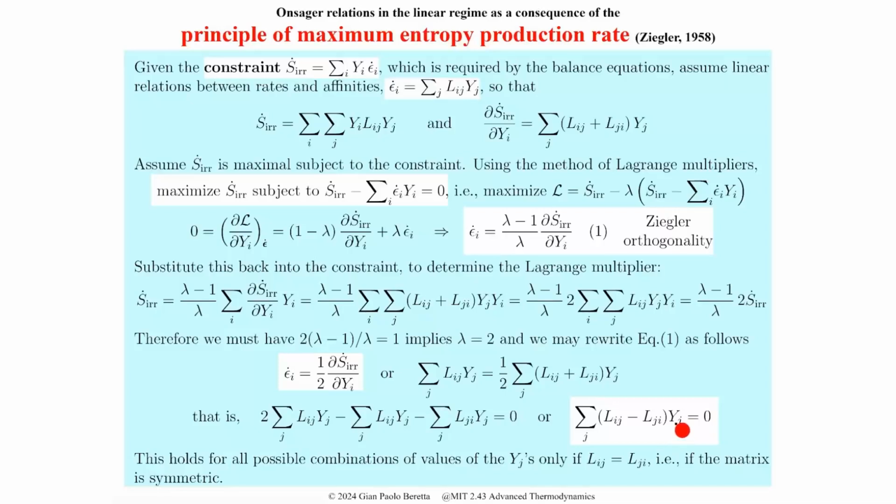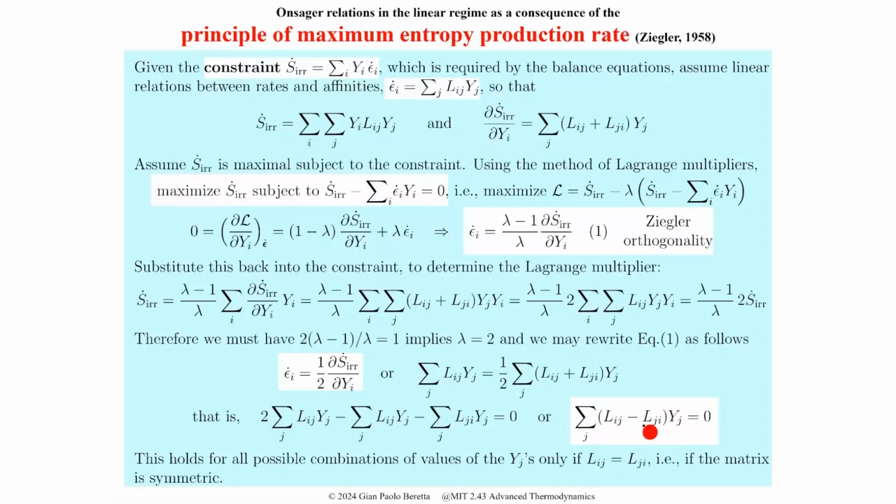So among the various choices, you can select one, for example, in which only one of the reactions is off equilibrium and the others are at equilibrium. That therefore picks up only one term in this summation and imposes that the coefficients must be 0, and so that proves the symmetry of the matrix.